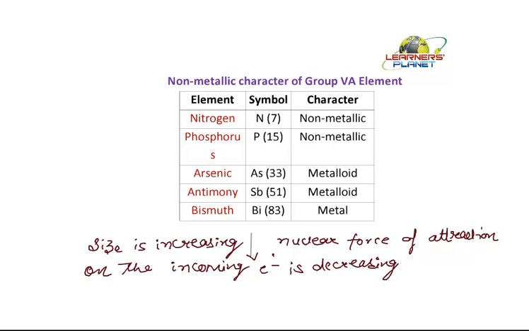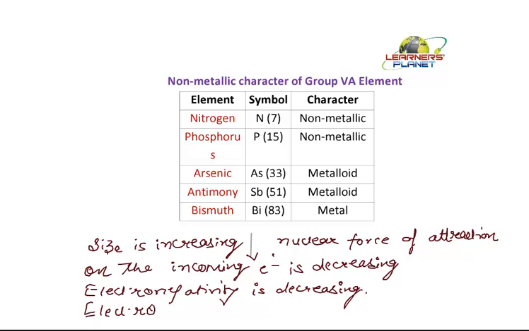So what is happening? Electronegativity is decreasing. And the tendency to lose electrons is increasing. So we can say that electropositivity is increasing. Keep these things in mind. This is very important.